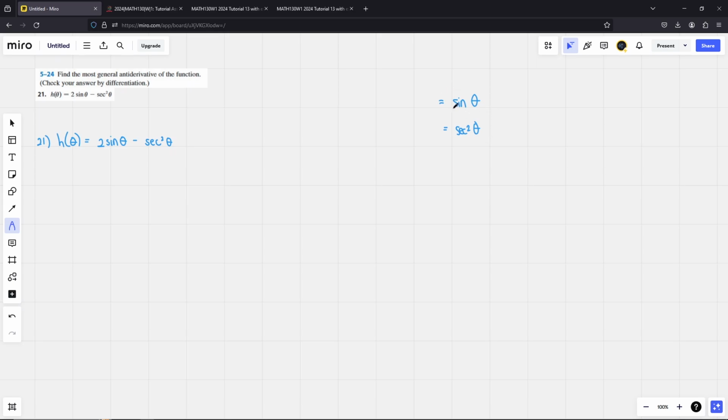Now suppose that these are the derivatives. Okay, now what I want to find is what would I have to take the derivative of, with respect to theta of course, to end up with these derivatives.